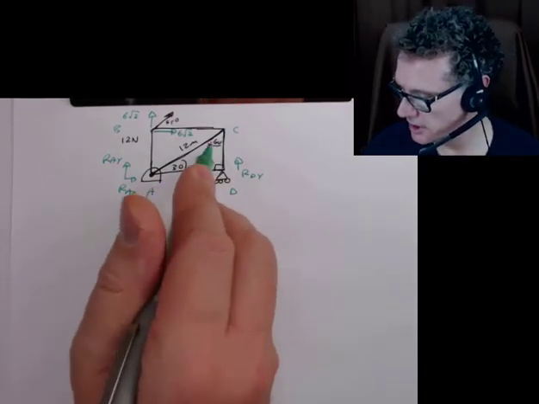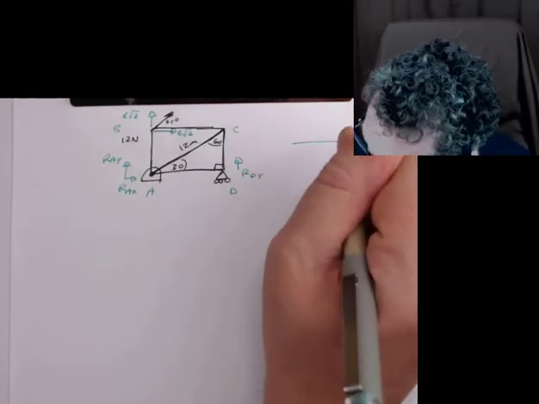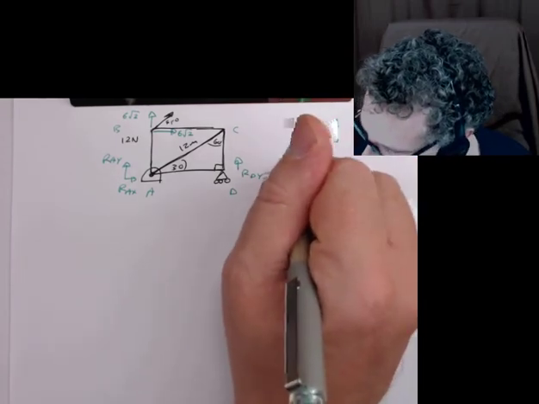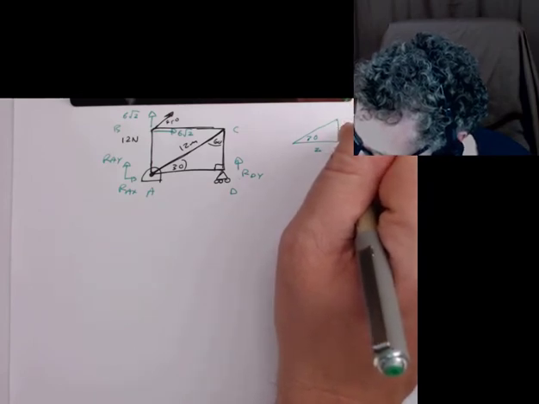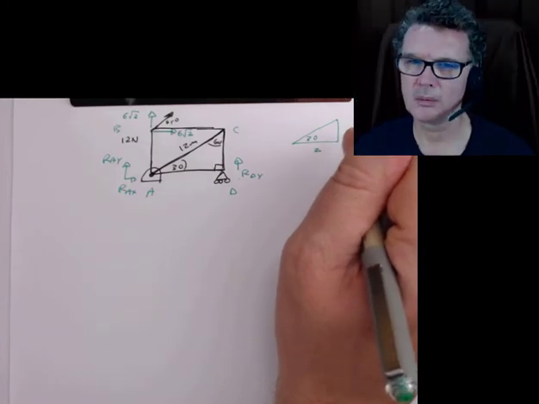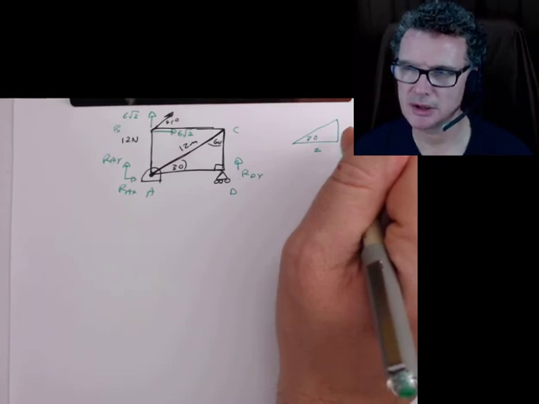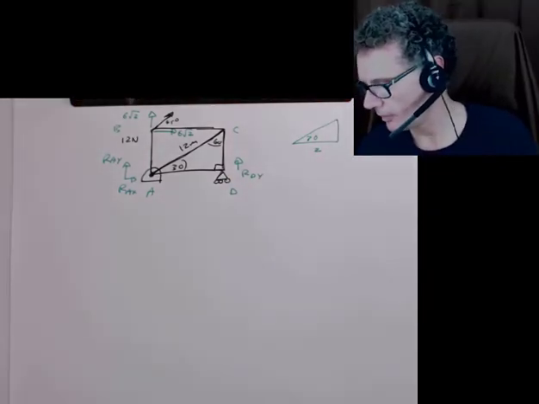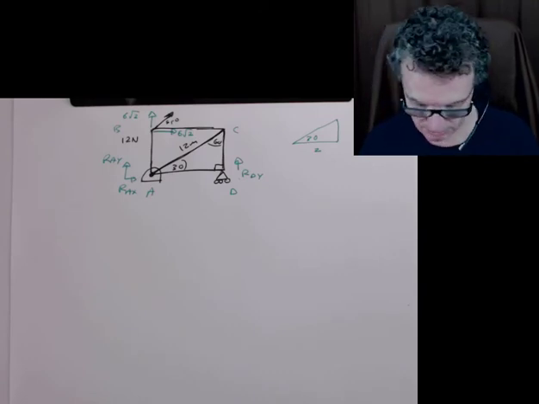So this is a 30, 60 triangle. You should be able to recognize that as 30, which means we've got a 2 and a root 3. I can't remember, it's late.